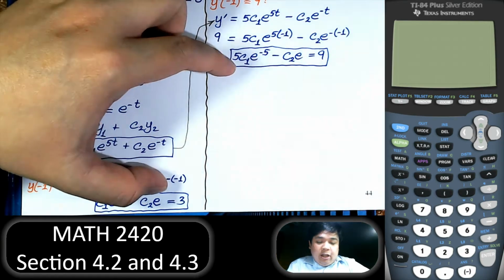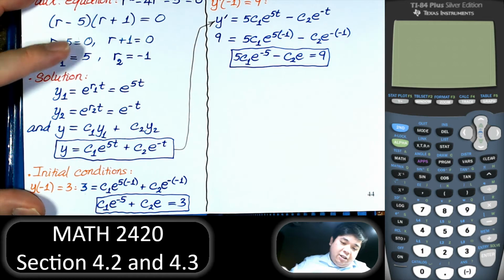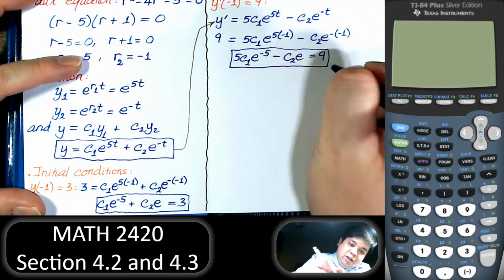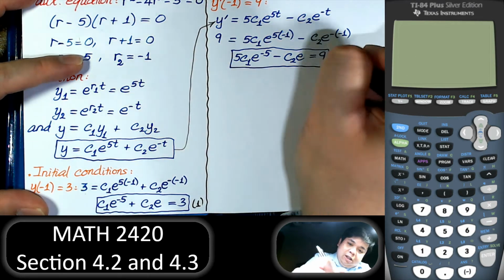Now put these equations together. I'm going to write this is 1, this is 2.